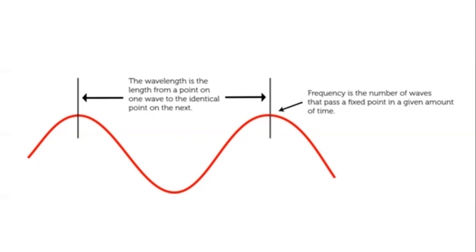Visible light or X-rays? Well, which one is more harmful? X-rays are harmful, but visible light is harmless. So you can infer that X-rays have higher frequencies than visible light.